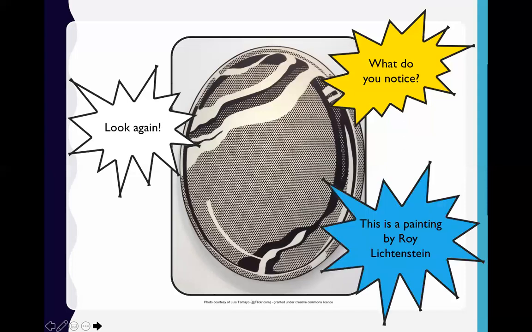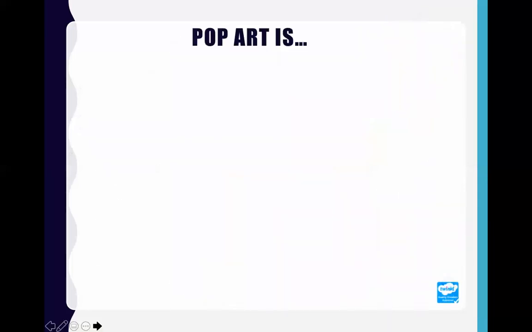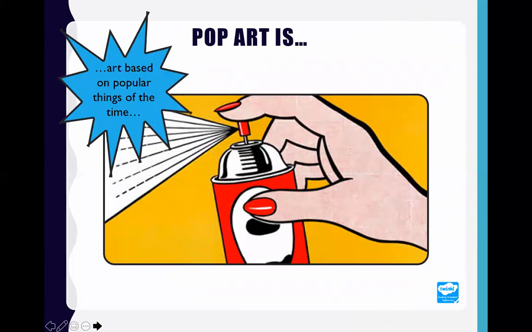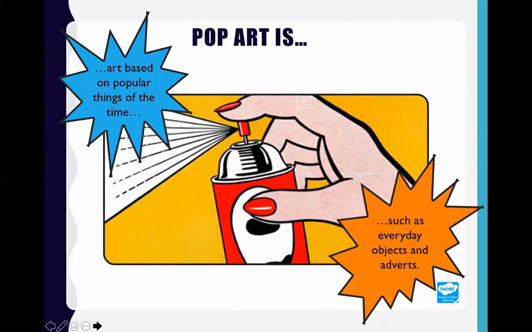Moving on, I'm going to show you now a few pop art images. What do we think about this painting here? Is it showing lots and lots of detail, or is it quite plain? What do we think? So pop art is based on popular things at the time, such as everyday objects and adverts.